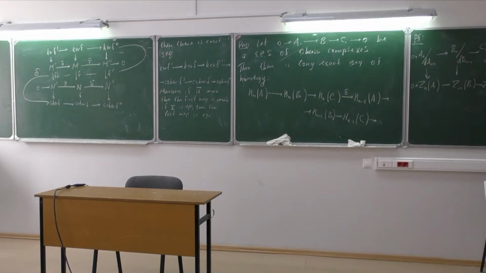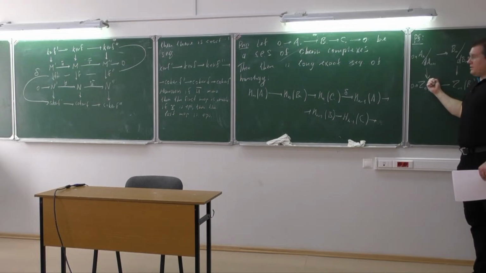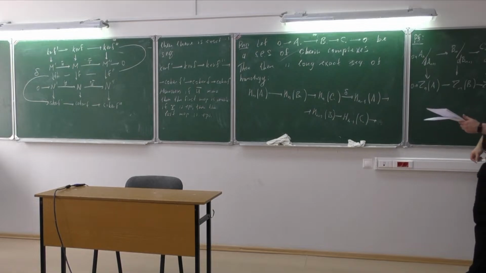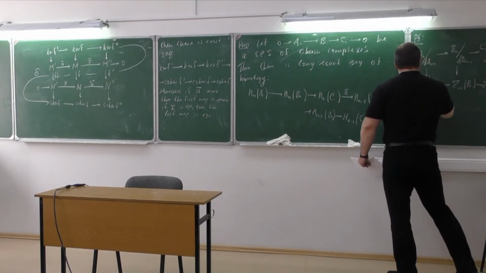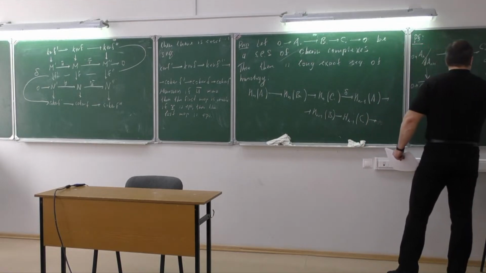Clearly, by definition, the map that we're supposed to consider here is just the map induced by the differential in the complex A, right? Because there is nothing else in this part of the diagram. Maybe the cycles are with the wrong index. Yes, the cycles are with the index n-1. Sorry.